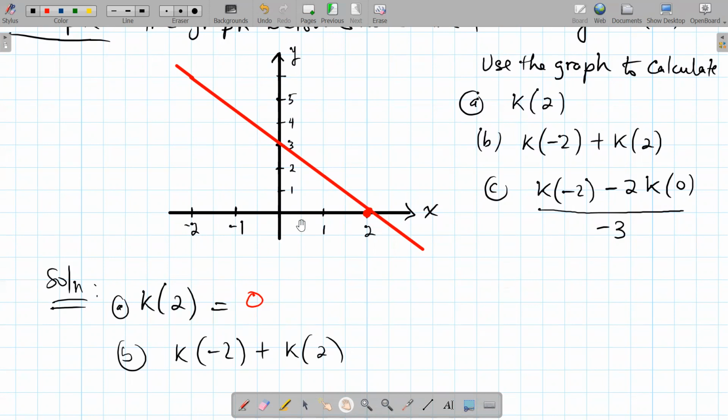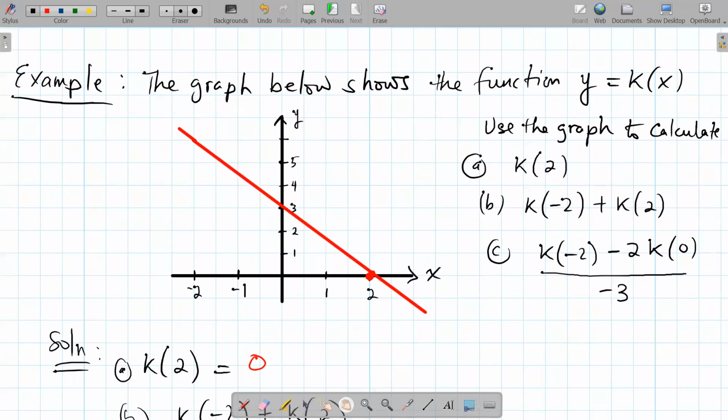We're still on the X. Remember, the K of -2 tells me the X value is -2. So I locate the X value, and then I move from that value up to touch the graph. And whatever value I can read off for Y is going to be the K of -2.